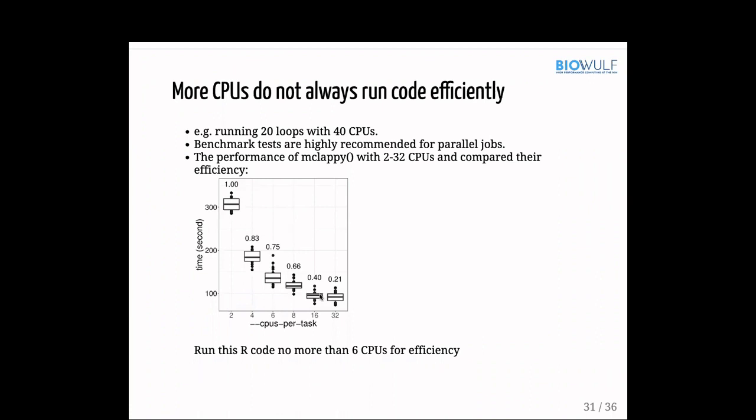Then you compare. Here is the performance comparison from 2 CPUs to 32. If we use 70% as an efficiency cutoff, the job shouldn't be submitted with more than 6 CPUs. You can still speed up a little bit, but basically after that, it doesn't make much difference.